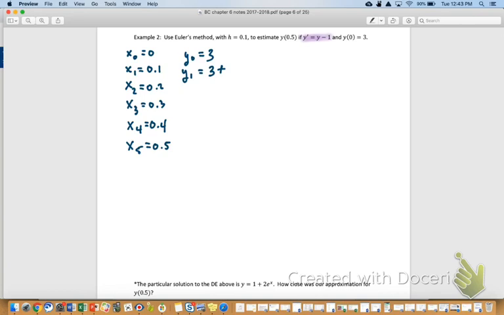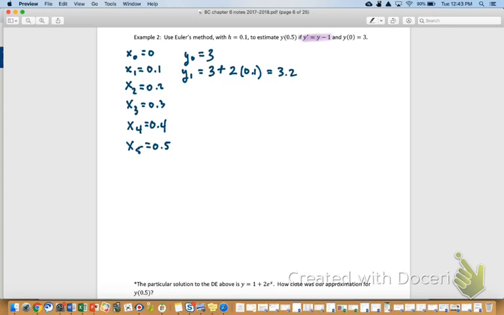So it'd be 3 minus 1. Yep, 2. So slope is 2, and my step size is 0.1. So it's the previous y value plus the slope based on the previous point times step size. Okay. So from this, you would get 3.2.